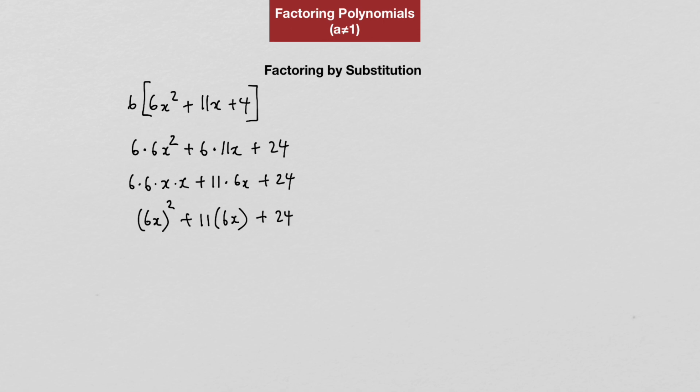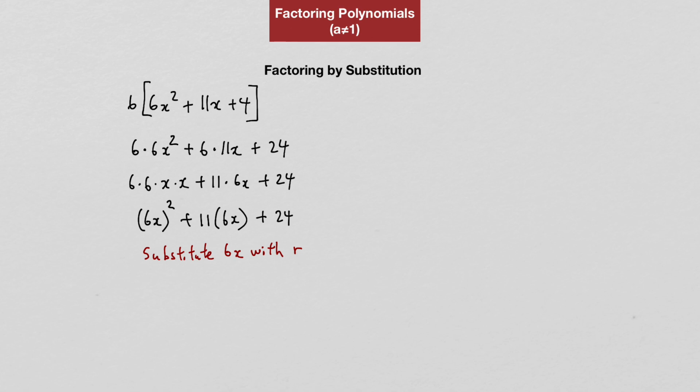Okay, so now here what we're going to do is substitute the 6x, which we have in parentheses, with any variable. So we'll call it r. Okay, so we're going to go ahead and rewrite this.